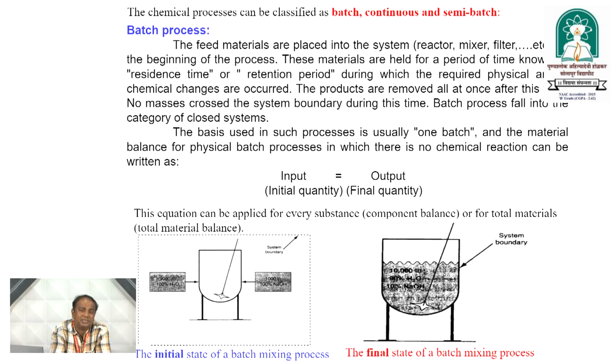A side product may form, and at the same time certain reactants may not react. So at the end of the process, all the reactant, product and co-product have to balance to what the input of the reaction was. That needs to be balanced in the material balance. So the first one we have learned is the batch process.